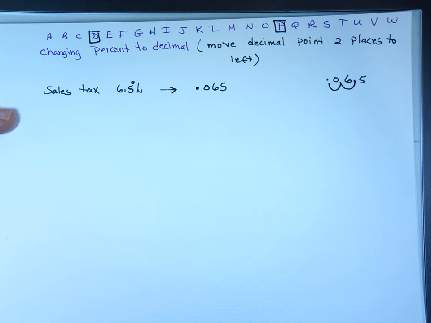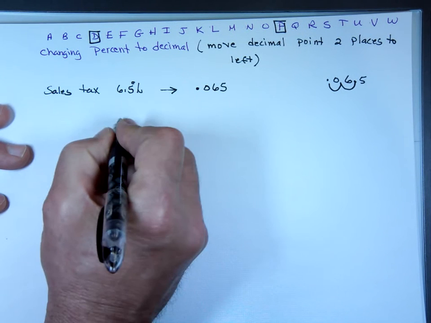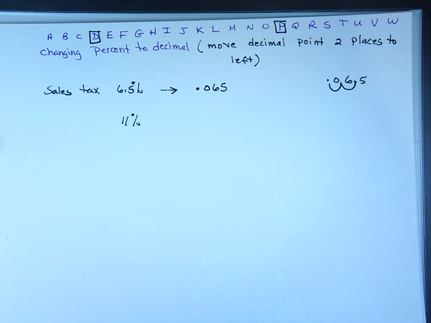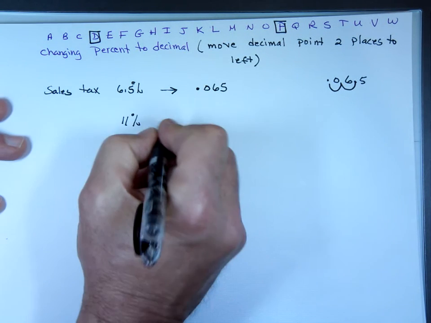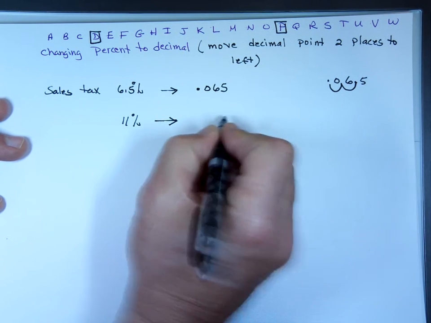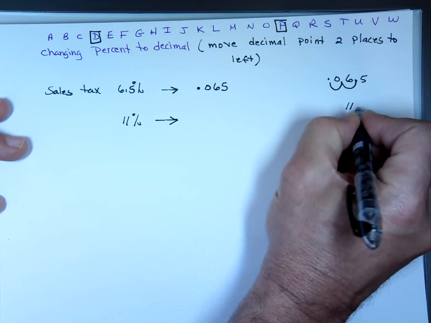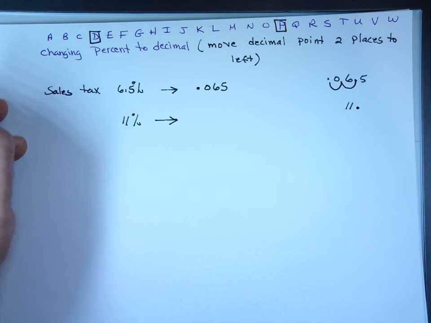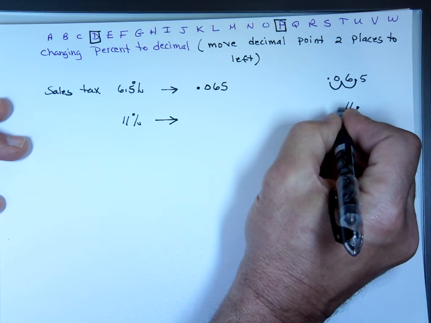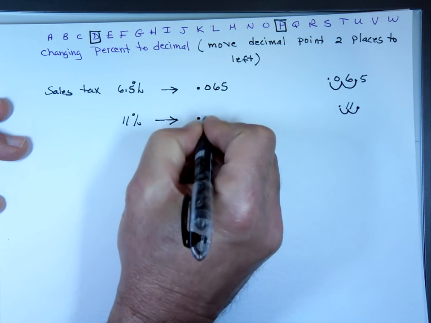Now, if you have 11%, let's say you're buying a used car, and the guy said 11% interest. To change that to decimal, that's what? Here's the 11, there's your decimal point at the end if there's no decimal point. So what do you do with it? Move it 2 places to the left, and that'll be what? 0.11.